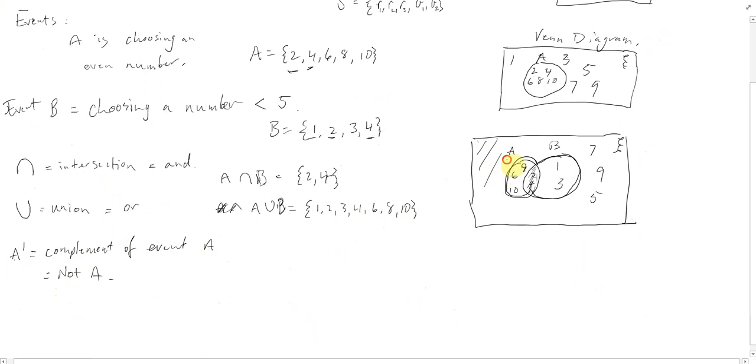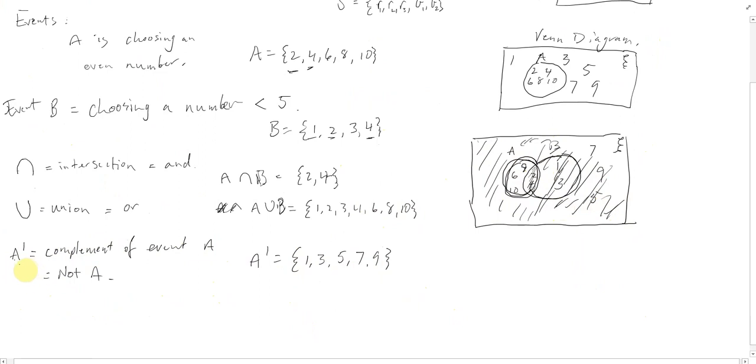It means everything here and here as well. This area is included. Basically anything that is not in this A space there. So A dash contains everything that's not A. In other words, everything that's not even. So it'll be 1, 3, 5, 7, and 9.